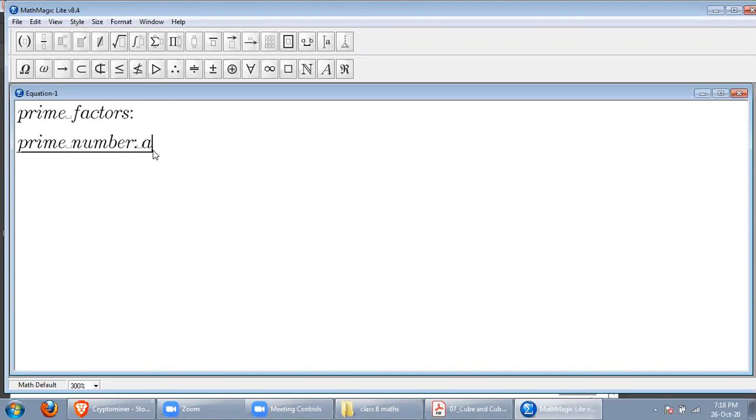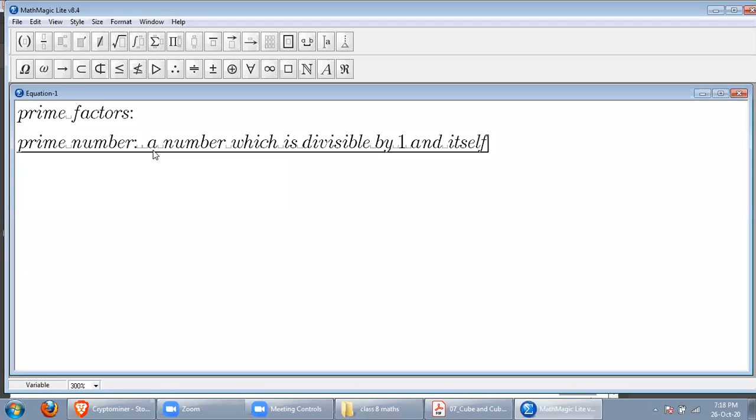Can anybody tell me what is a factor of a given number? Yes, anybody, please.